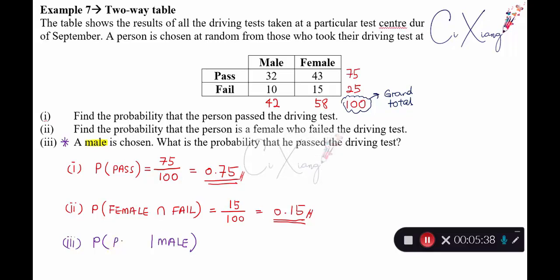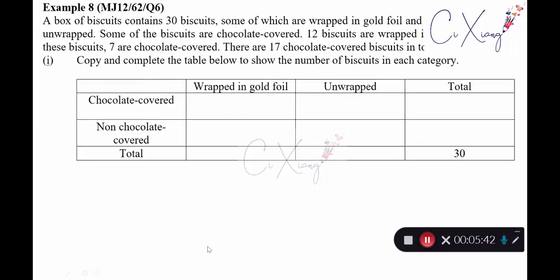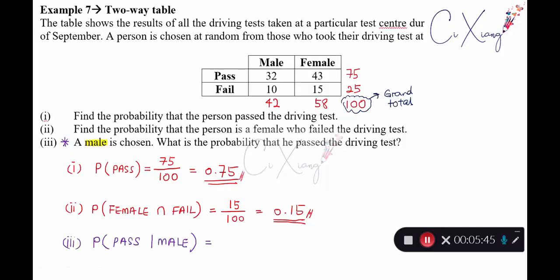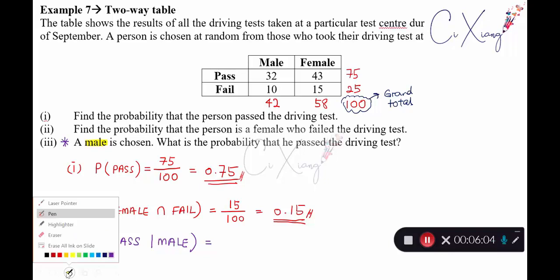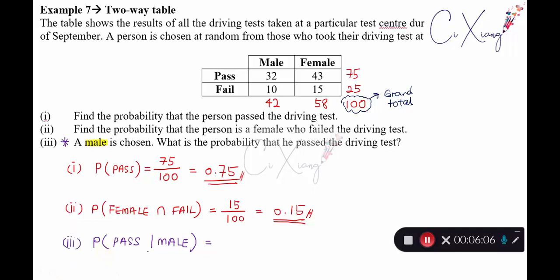Therefore, we put pass in front. This is a special symbol for this special type of question where an event is already known prior to the probability that you want to find. This kind of symbol, we name it conditional probability.